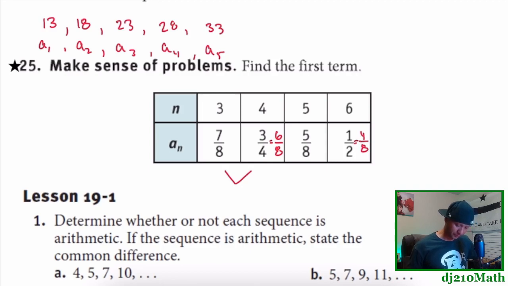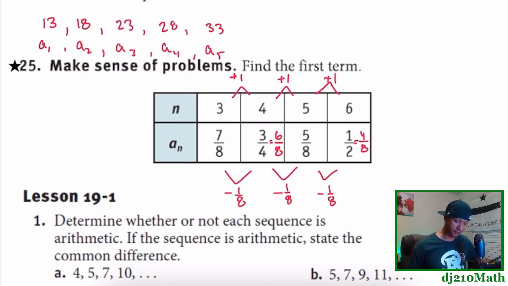So what's happening? As n goes up by 1, a sub n is actually going down by an eighth. So here we're adding 1, we're subtracting 1/8. We're adding 1, we're subtracting an eighth.